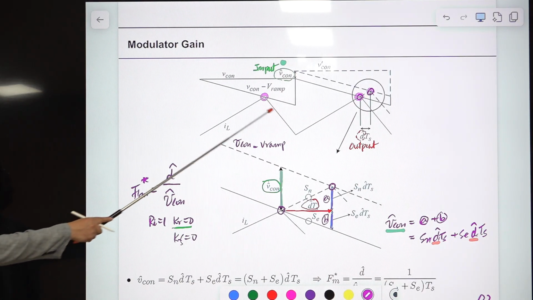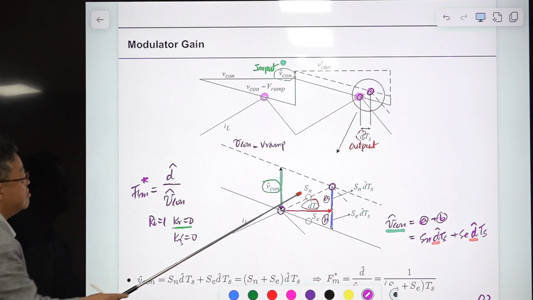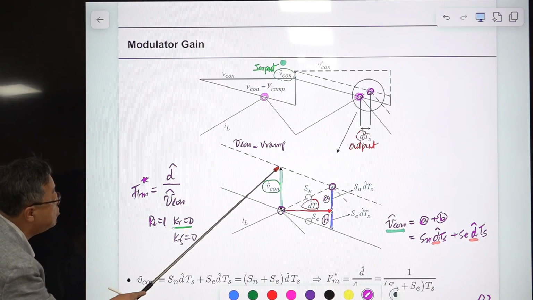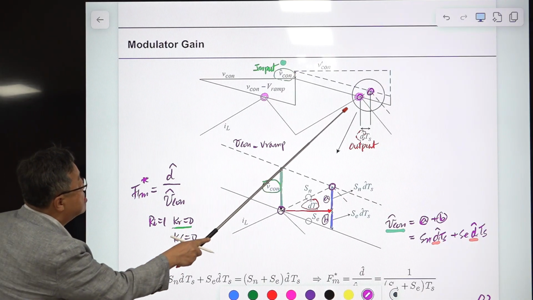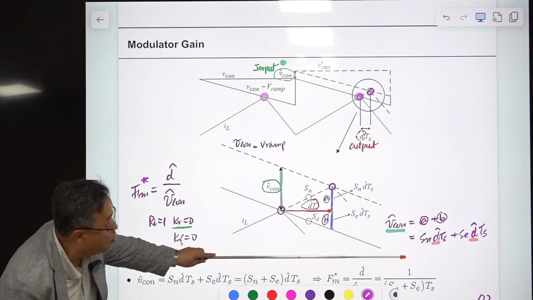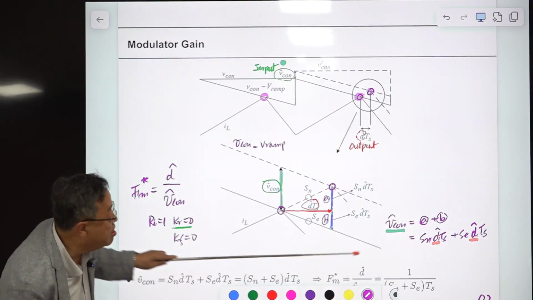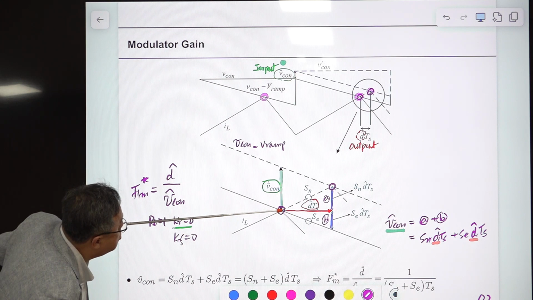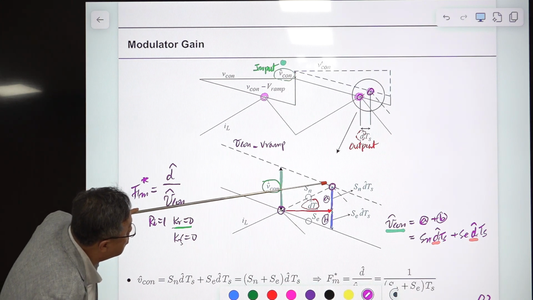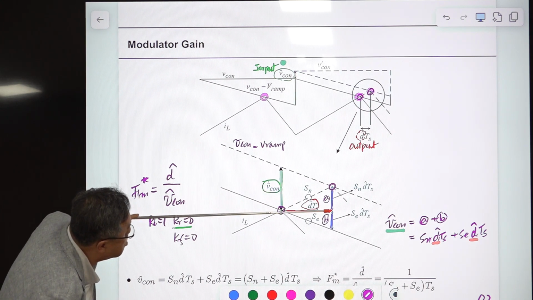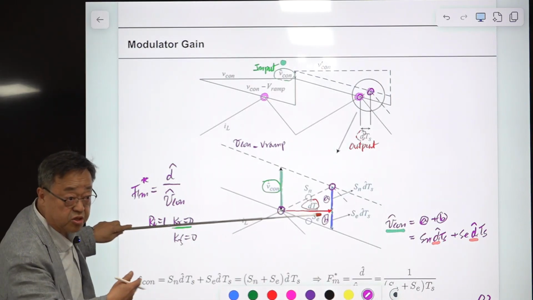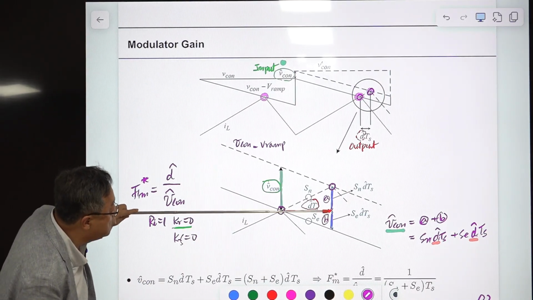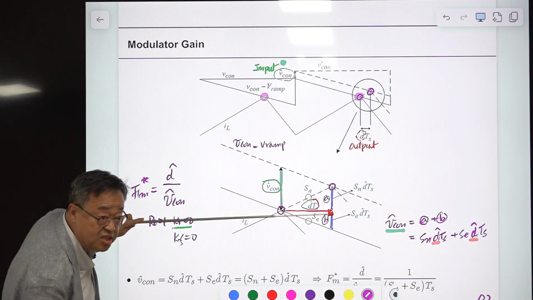This is the expanded view of this, and this is the jump. Vcon hat is the input, and the output is this one. This is the time domain, and this is the t-axis. The PWM point is moved from here to there, but what is important is the time difference, the change in duty ratio, the increase in duty ratio, d hat Ts, is here.